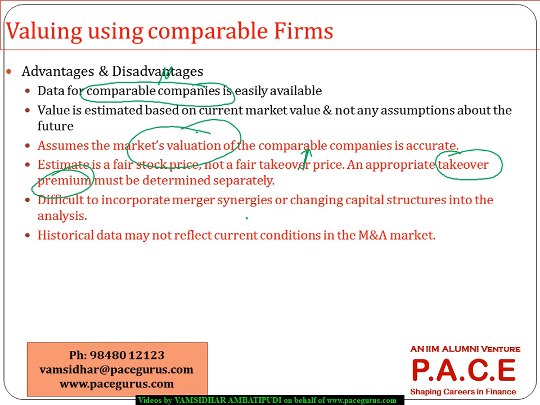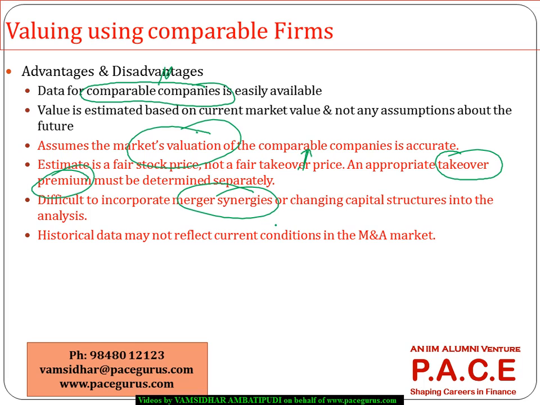And these are all based on current market prices, which means the synergies or anything to do with the possible benefits or costs that can come up because of the takeover, nothing can be modeled.